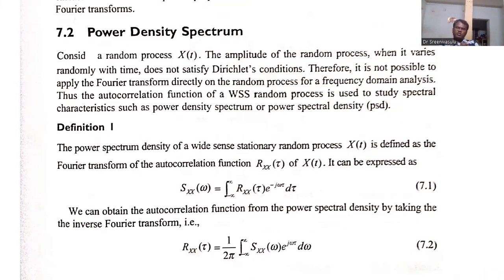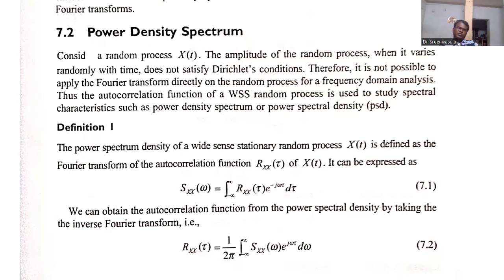Similarly, in the random process, there is a Fourier transform pair between the autocorrelation function and the power spectral density. The power spectrum is represented as S of omega, with the subscript xx, Sxx of omega. The subscript xx is there because it is for autocorrelation.